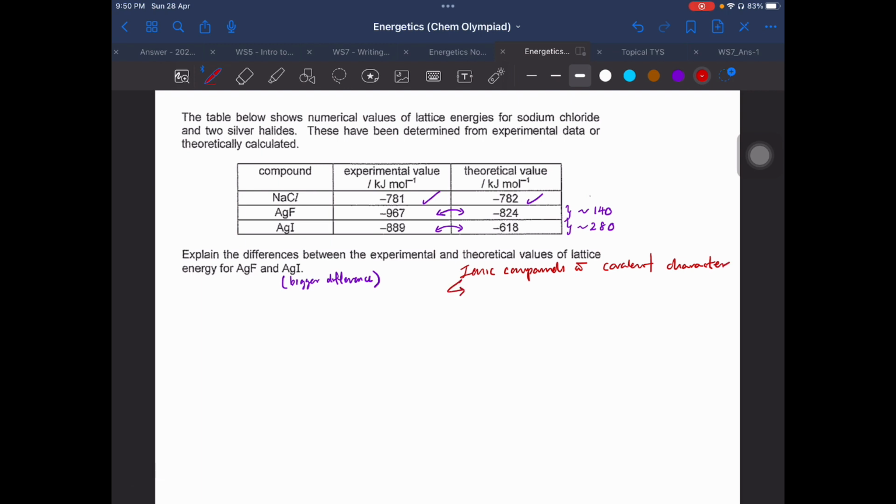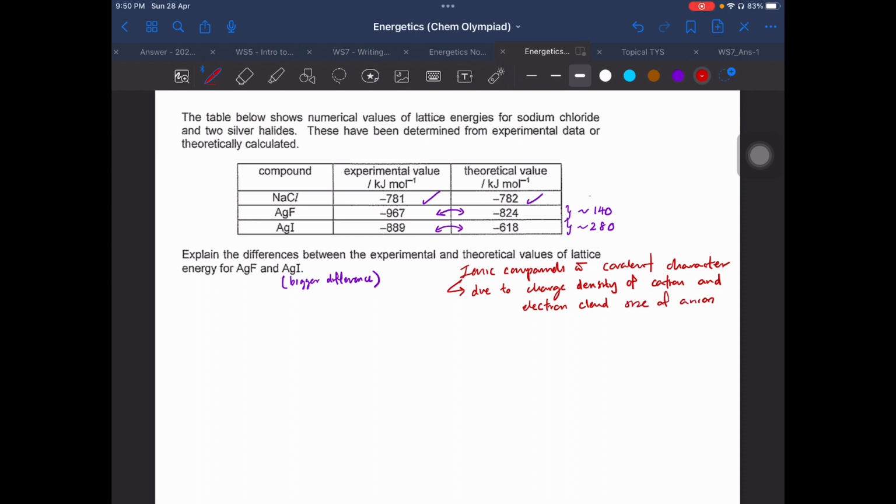This happens usually when there is a certain kind of concept called charge density, and also partly due to the electron cloud size of the anion. Right, so I'm going to use this as an example to see what's actually going on.